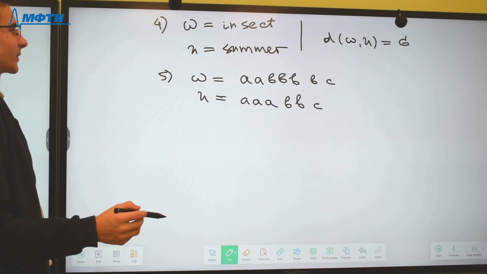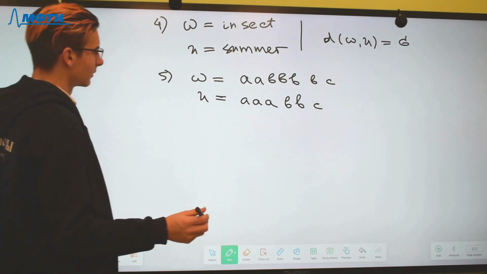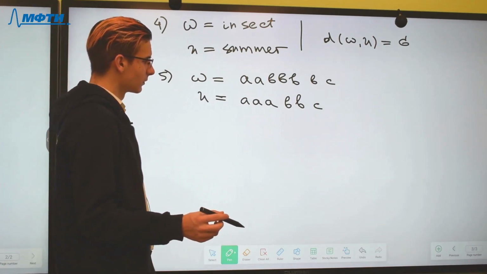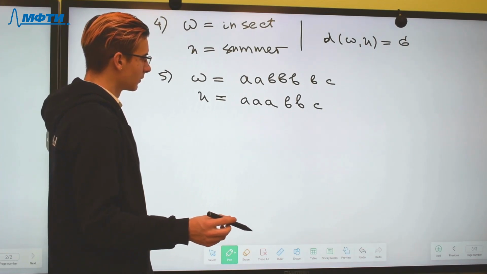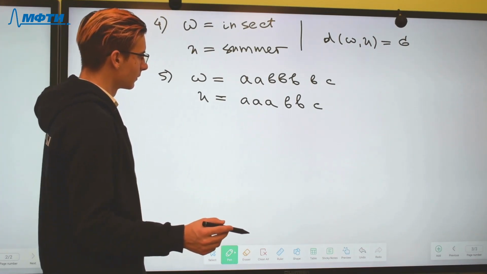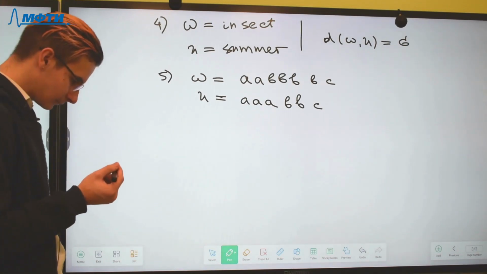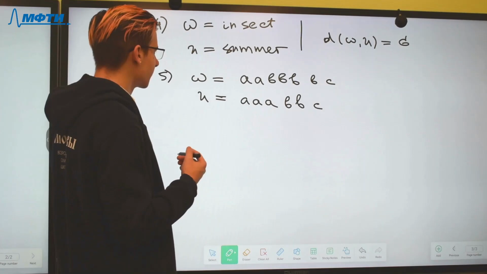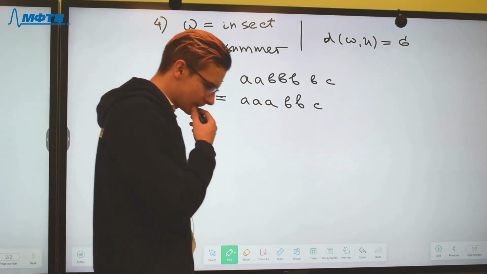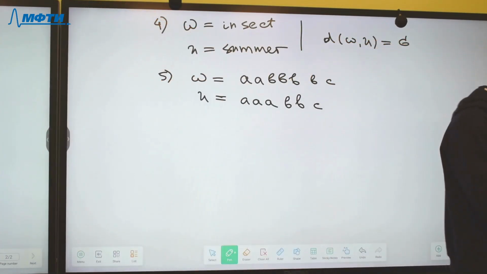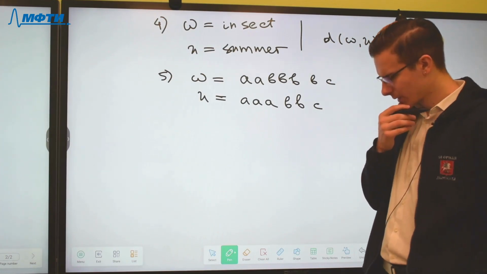So what's the difference between these two words? No, it's equal to 1, but it's interesting.